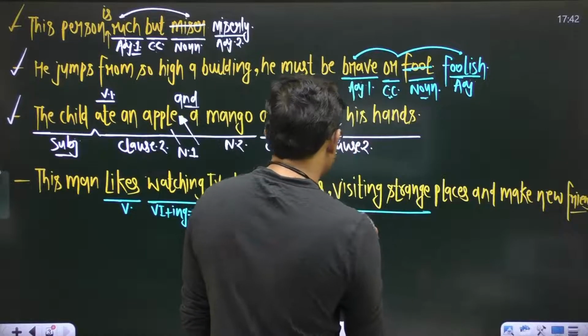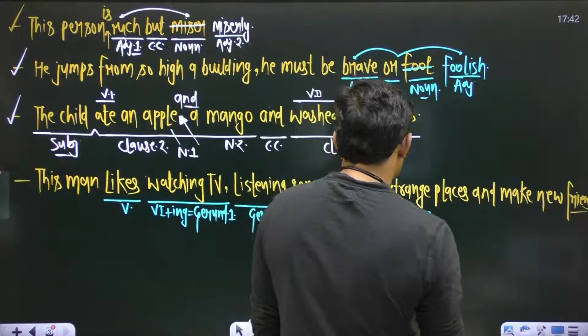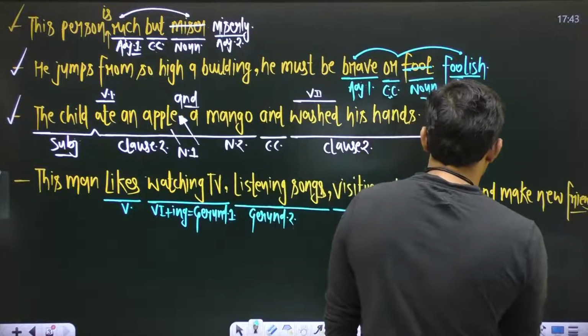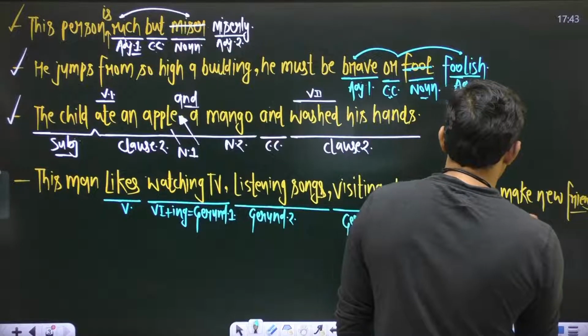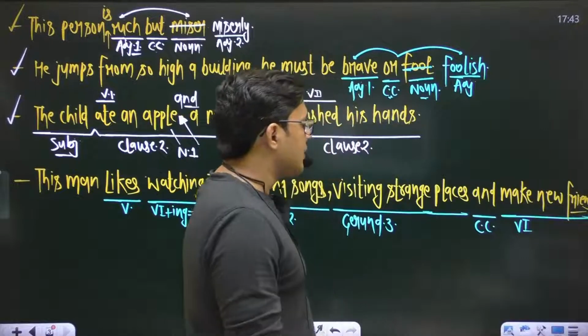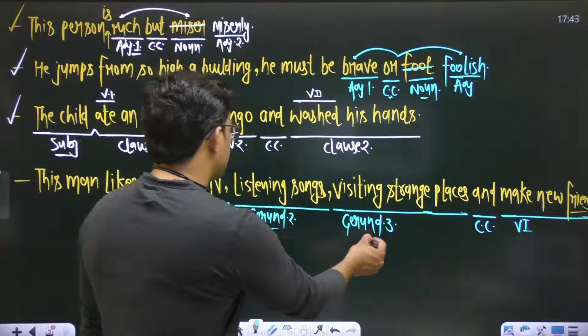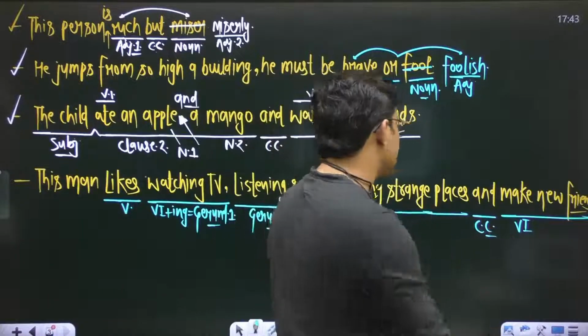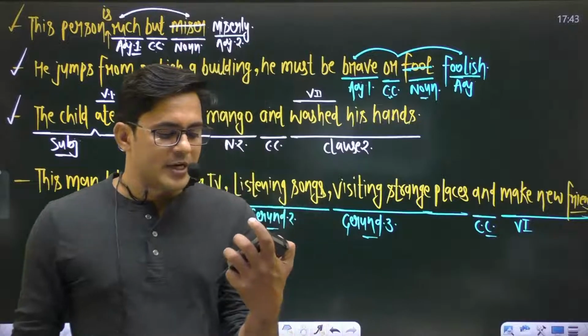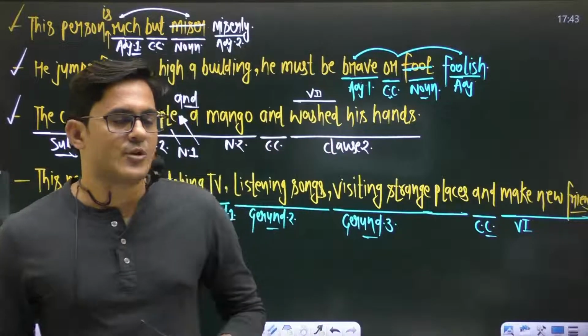Visiting strange places is also a gerund, the third gerund, with the coordinate conjunction. But make new friends is a verb. This is the first gerund, second gerund, third gerund. This is the coordinate conjunction. And as we know, coordinate conjunctions are those which connect same ranks or equal ranks of structure.